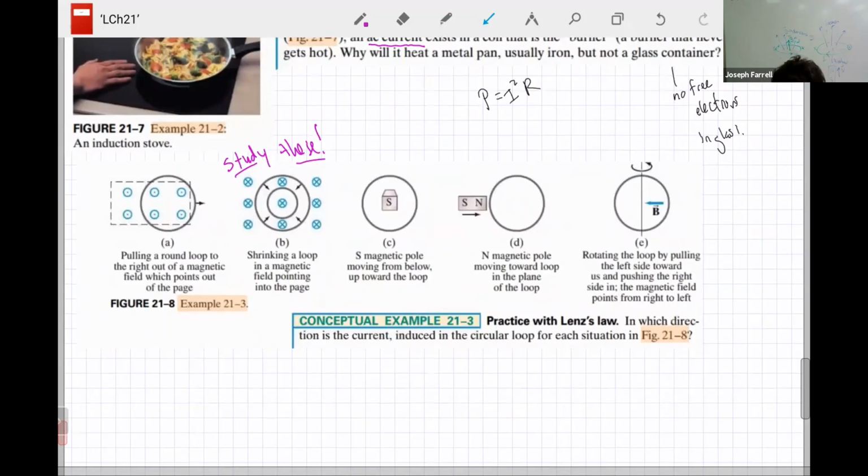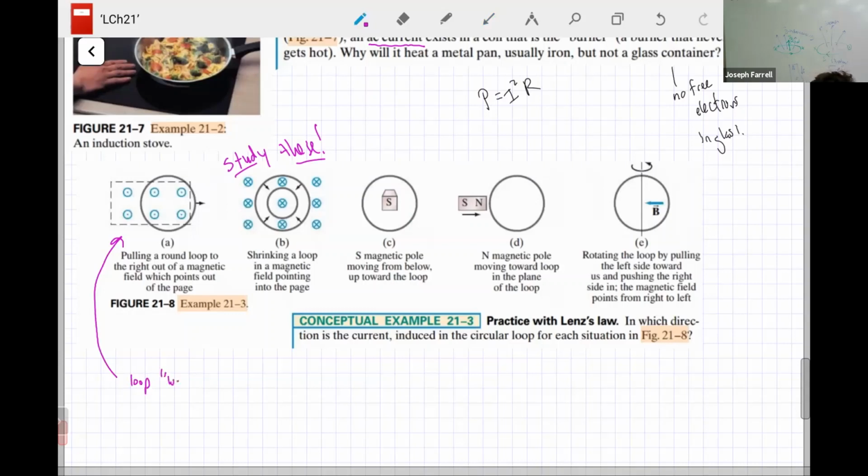All right, so which direction is the flux changing? Basically, think about this. As you're pulling it out, it's going from having flux coming out of the page to flux 0. So it's losing that flux. I'm going to anthropomorphize the loop.